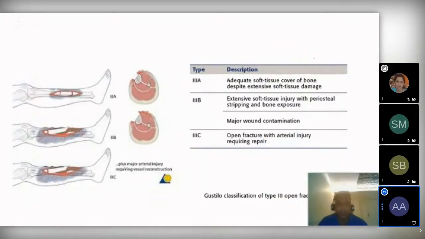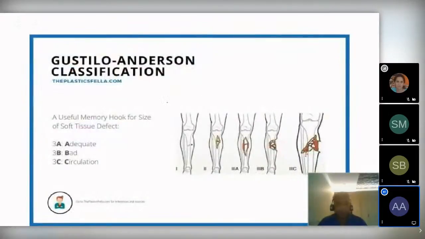Here again you see I am only focusing on the third, A, B, C. This is a very interesting slide. 3 A, B, C means A is adequate soft tissue coverage available.